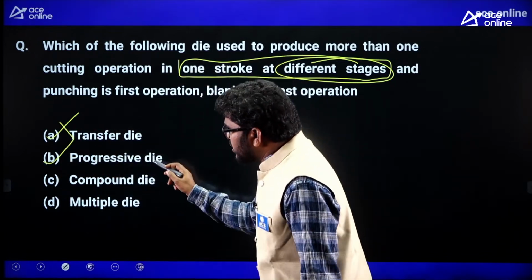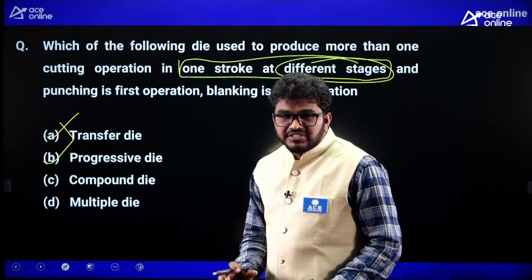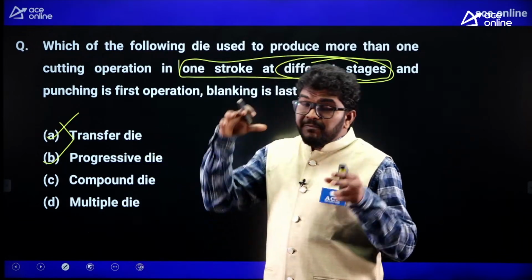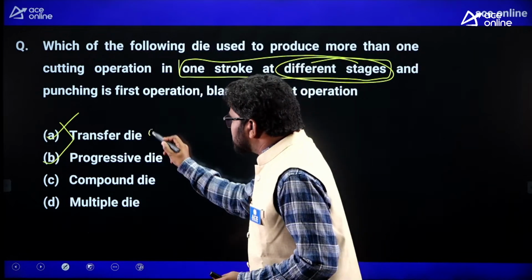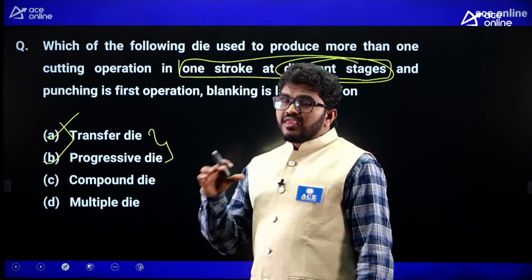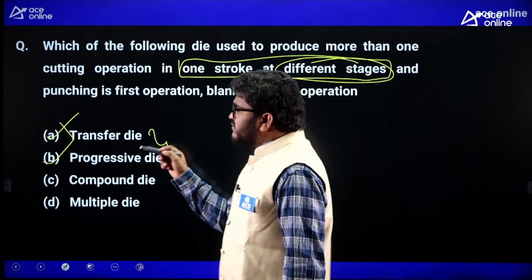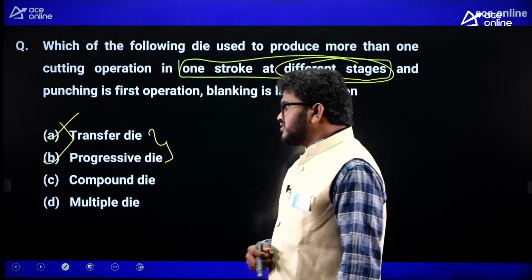In a progressive die, different stages are performed in one stroke, with punching first and blanking last. In a transfer die, blanking is the first operation and punching is the last operation.